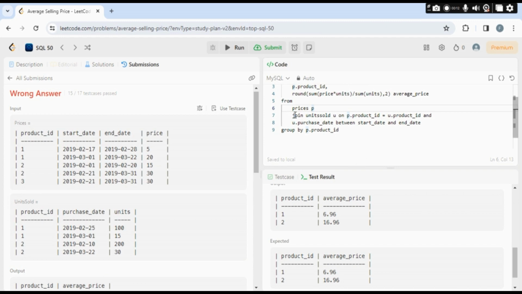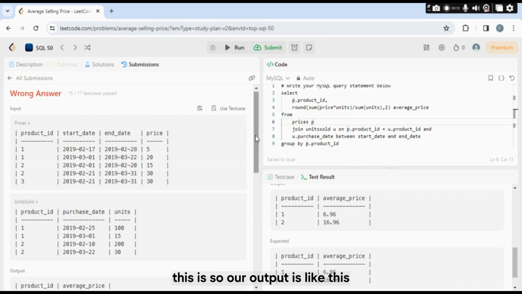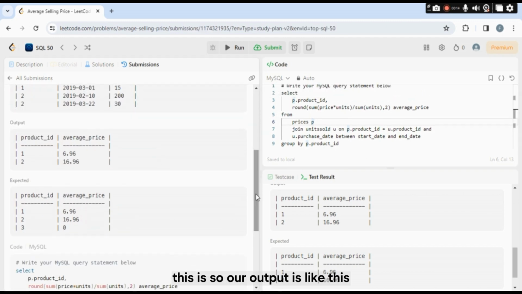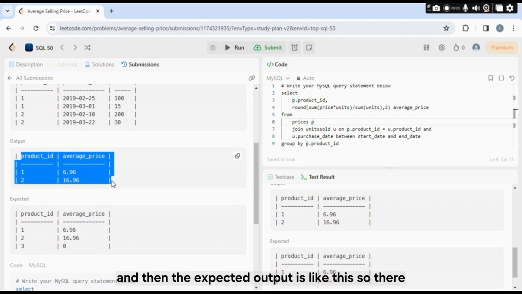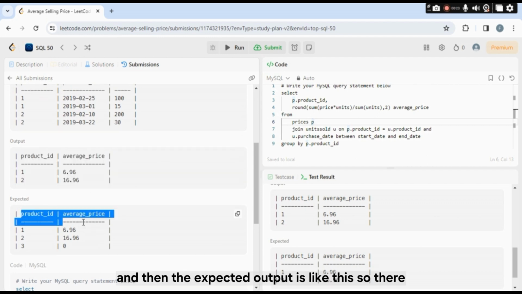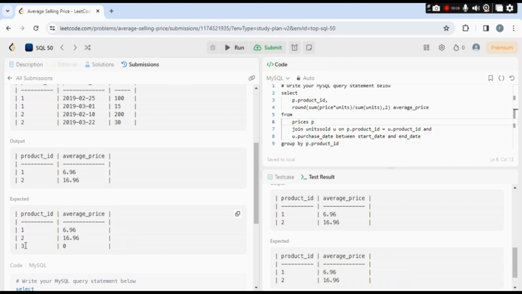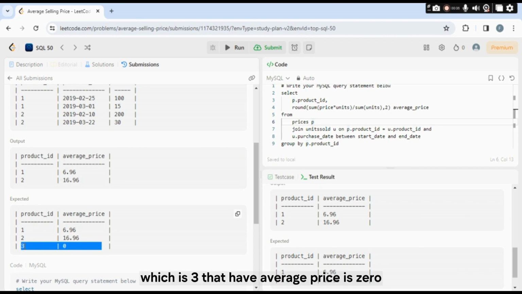So our output is like this, and then the expected output is like this. There is a product ID, which is 3, that has average price 0.